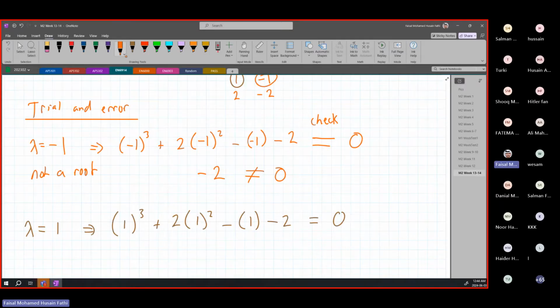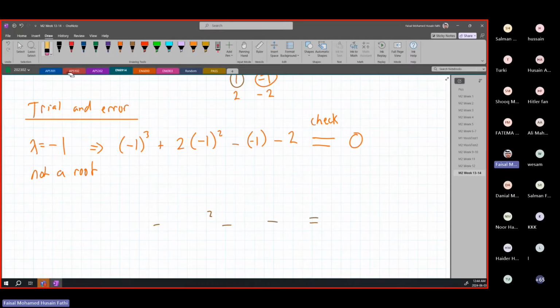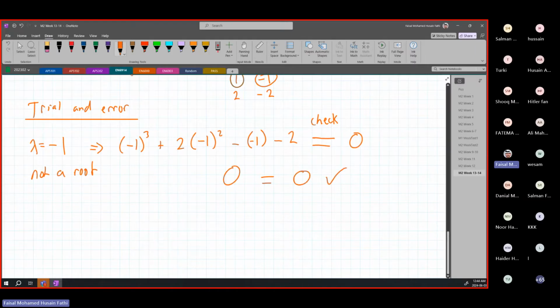minus 1 minus 2. What do you know? It actually is a root. So here, I made a mistake. I plugged in the wrong number. I plugged in 1 instead of minus 1. When you put in minus 1, you actually get 0 equal to 0. So that is correct, it is a root.